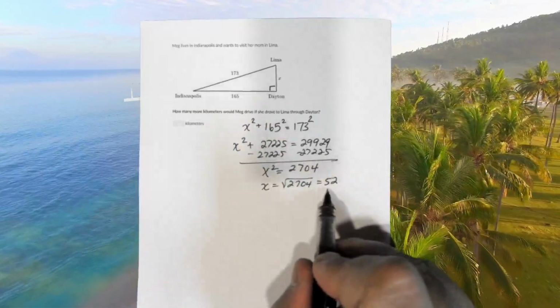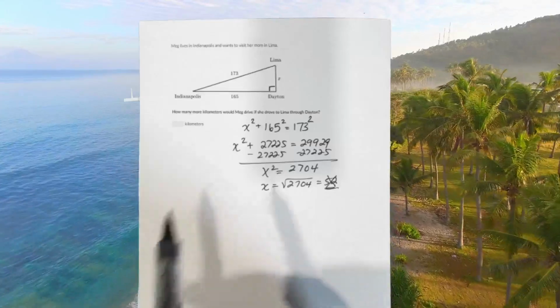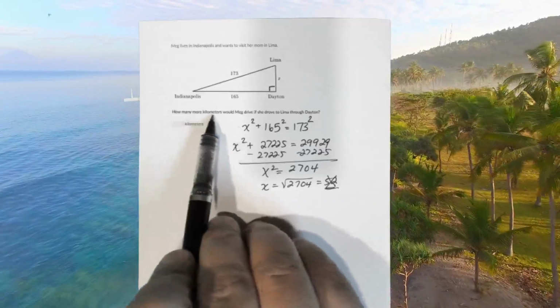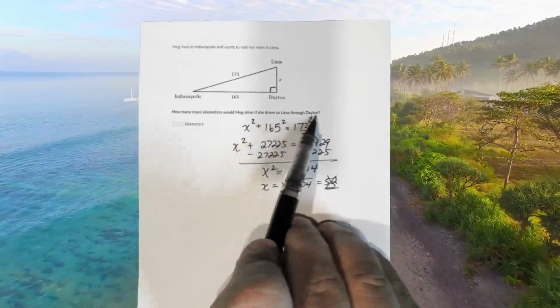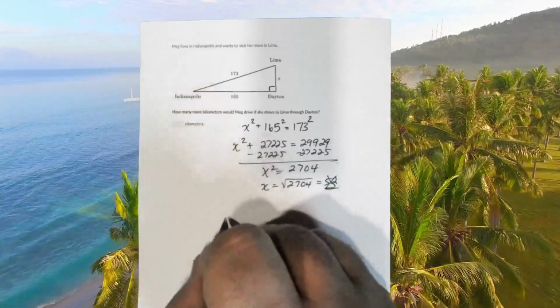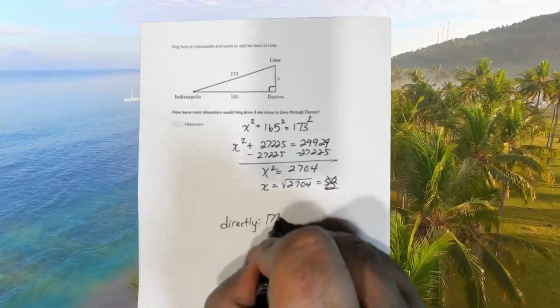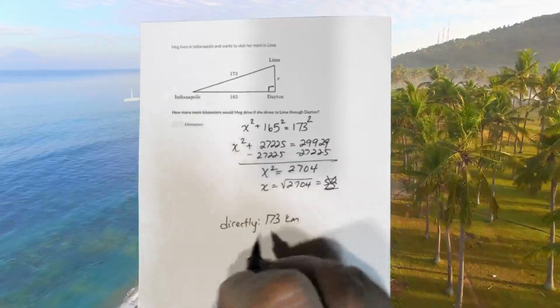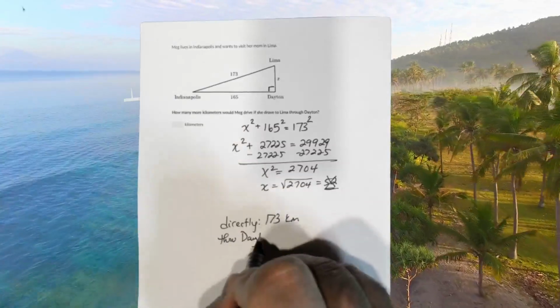Now 52 is what several people got, but it is incorrect for the answer, because the question asks how many more kilometers would Meg drive if she drove to Lima through Dayton. So we know to just go directly to Lima, it would be 173 kilometers. Now what we're doing is we're going through Dayton.